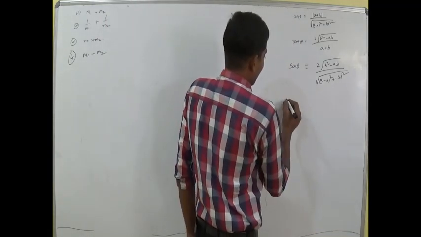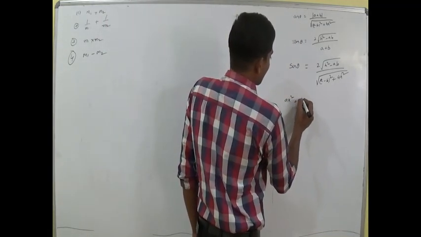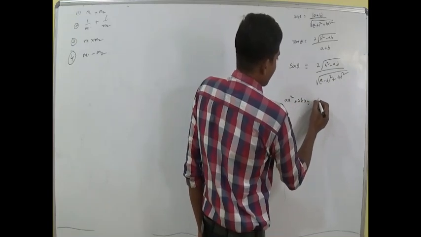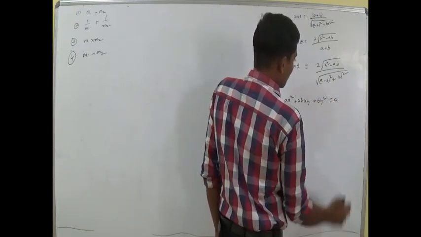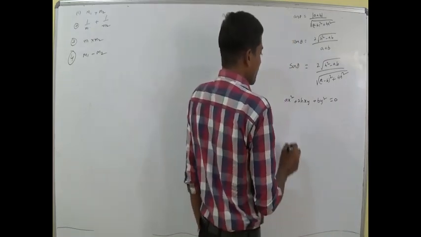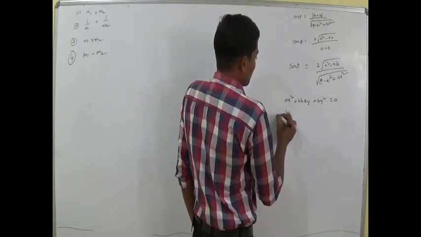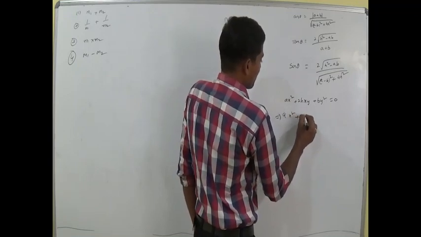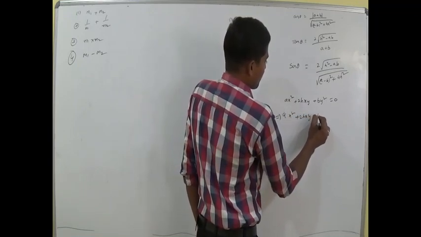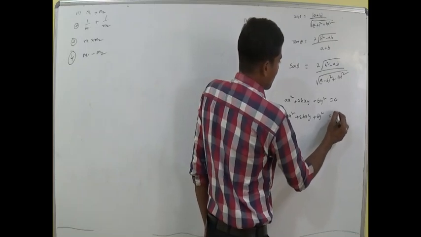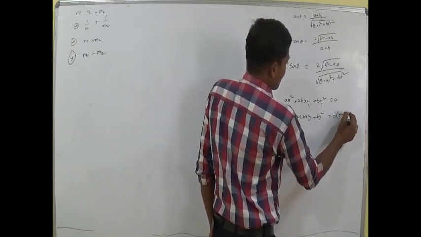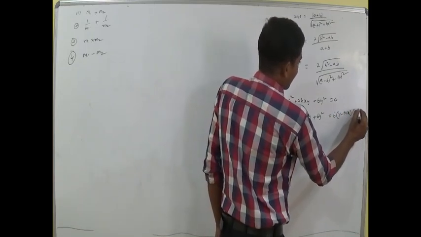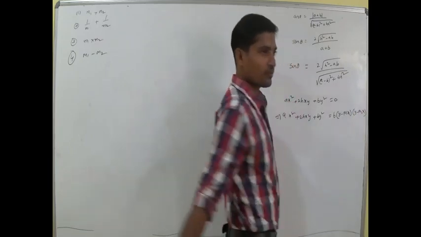Here, ax square plus 2hxy plus by square equals 0 is represented by b into (y minus m1x) and (y minus m2x).